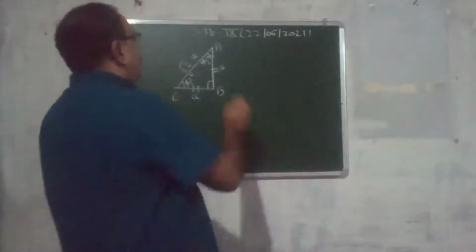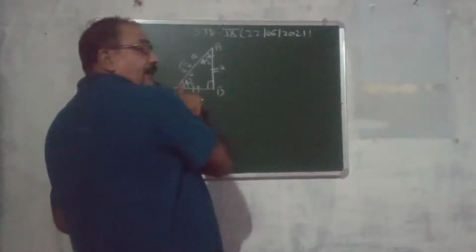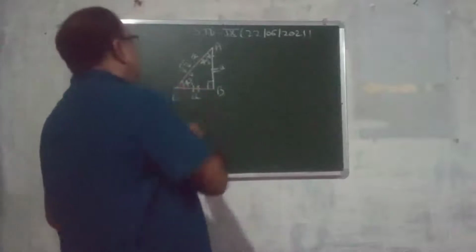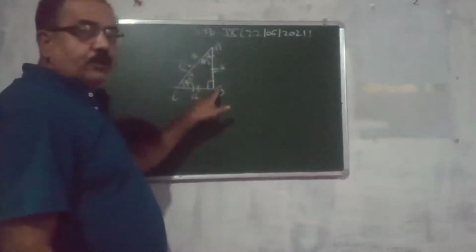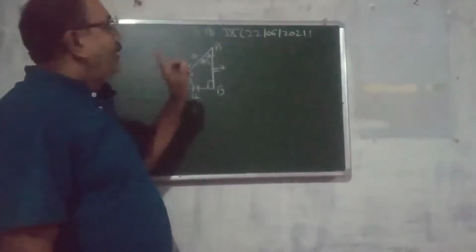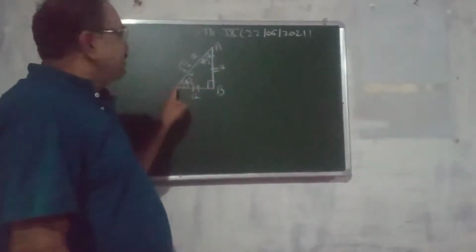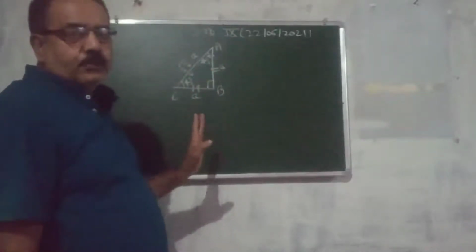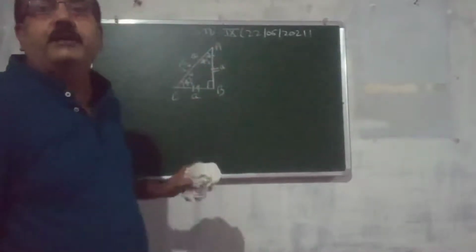We can take either angle C or angle A, because both are 45 degree. When we take angle C, AB is perpendicular, BC is base and AC is hypotenuse. When we take angle A, BC is perpendicular, AB is base and AC is hypotenuse. Any one we can take because both angles are 45 degree.